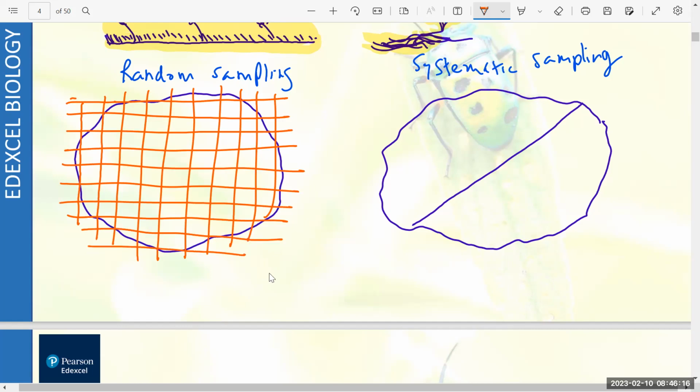So let's say this is a grid format. From the grid format, we can give values to each grid.